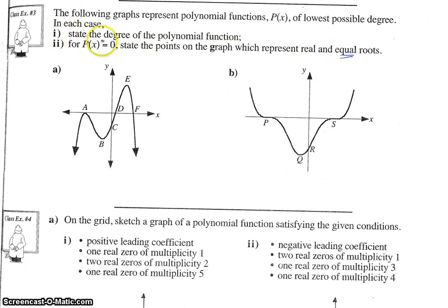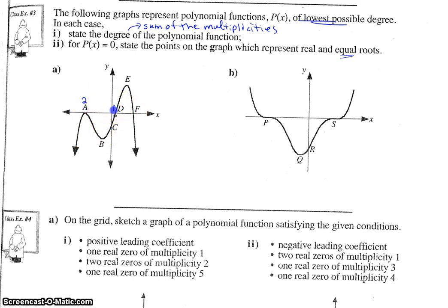Okay, let's do the first part. State the degree of the polynomial function. Well, the degree is the same as the sum of the multiplicities of each of the zeros. So let's go through and write down the lowest possible multiplicity for each one because they want lowest possible degree. The lowest one it bounces off would be multiplicity of 2.